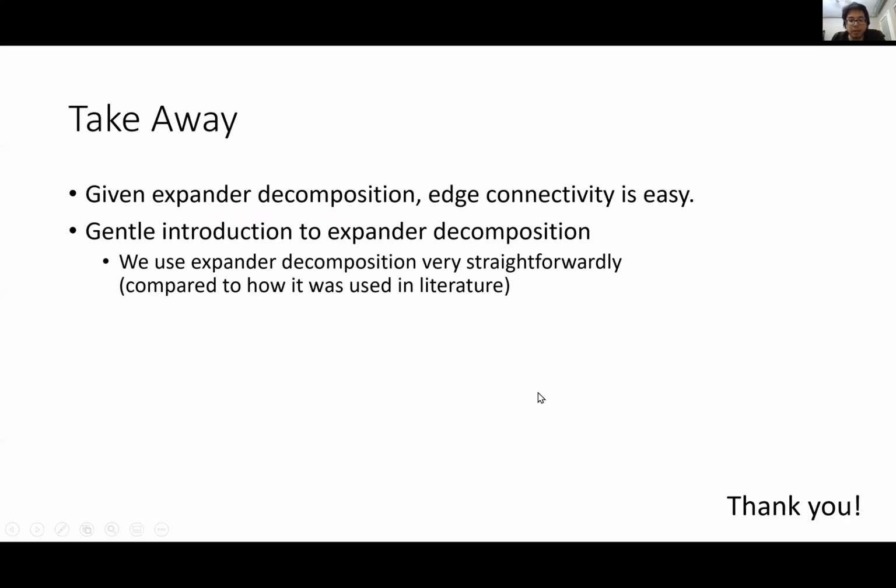So the point of this work is that given an expander decomposition, just by trimming and shaving, a super simple step, you can get edge connectivity easily.